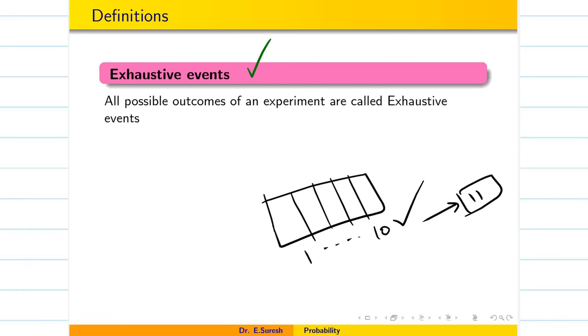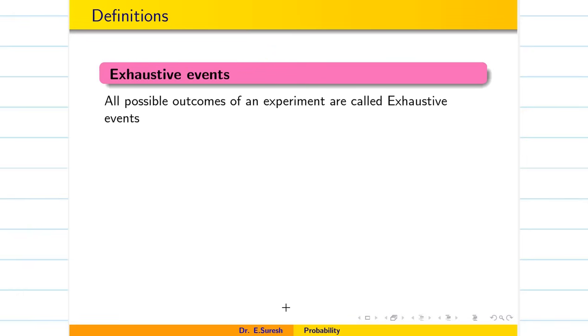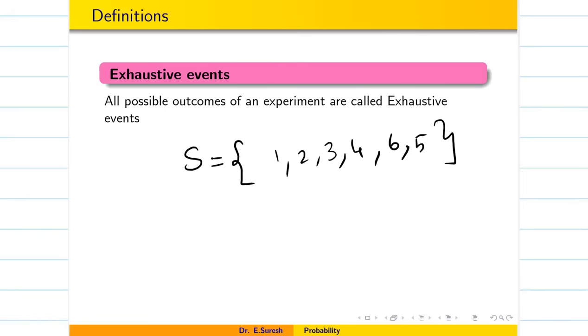Now in probability, what is meant by an exhaustive event? All the possible outcomes of an experiment are called exhaustive. Again and again I'm going to explain with the dice, because this one example makes all the ideas clear. Now guys, I'm going to take set A as 1, 2.